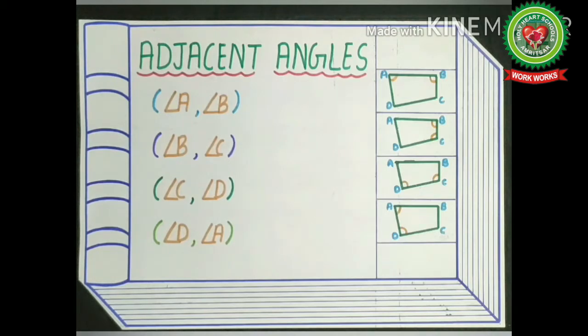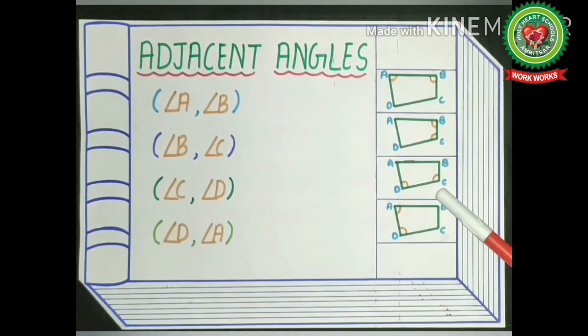Now students, I have drawn a quadrilateral and I have marked two angles in the first figure, angle A, angle B. So the common side of these angles is AB. In the next figure, I have marked angle B, angle C. Common side is BC. So these are adjacent angles.